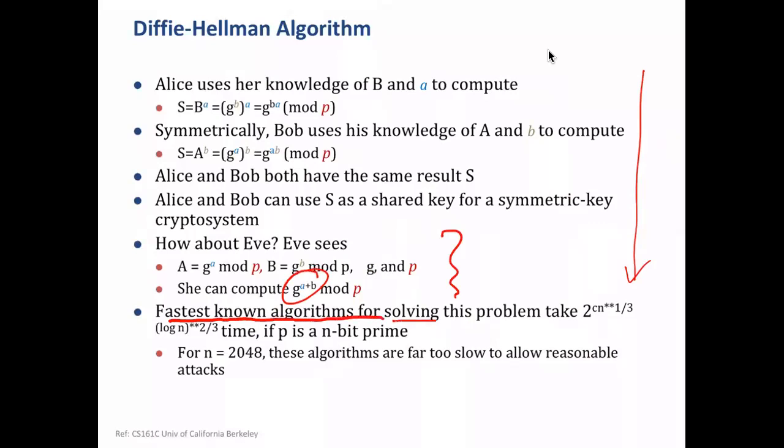The fastest known algorithm for solving this problem takes time 2 raised power Cn raised power 1 by 3 log n raised power 2 by 3 and so on. If P is an n bit prime, where n is the number of bits in P, and we take a very large value of n, the algorithm is too slow to allow reasonable attacks.